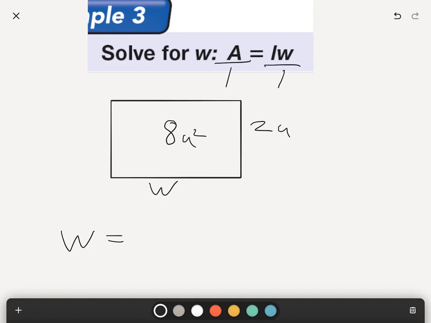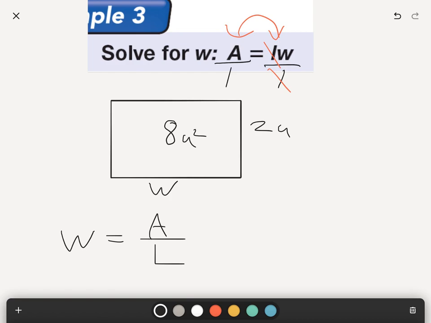So both sides are divided by L. And then I'm going to switch them so that W is on this side, and so then we end up with W equals A divided by L. I know it's silly looking, kind of weird.